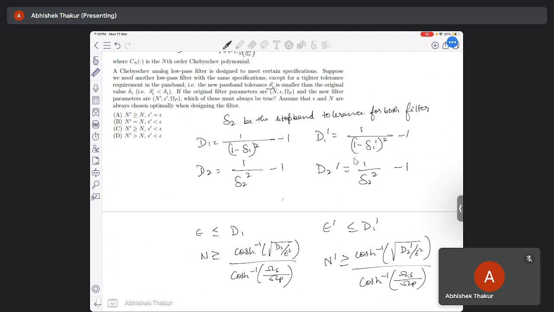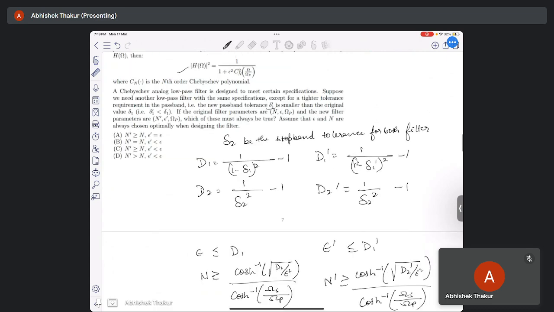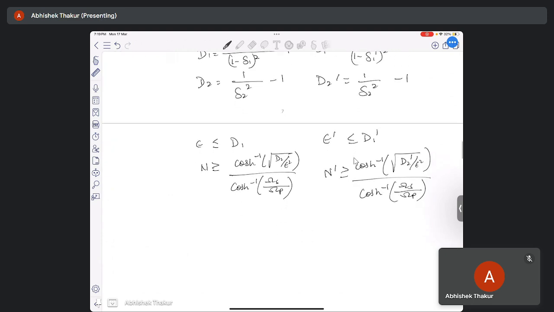Okay, so as delta 1 prime is less than delta 1, it implies that d1 prime is less than d1, and since epsilon prime is chosen optimally, we have epsilon prime less than epsilon.